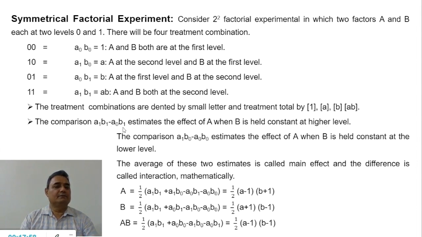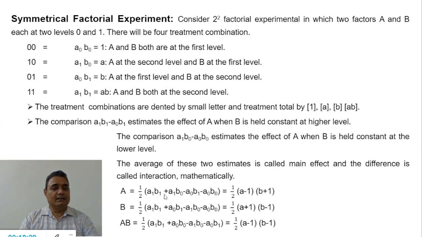The comparison A1 B0 minus A0 B0, now see B0 at lower level, will estimate the effect of A when B is held constant at lower level. If we take the average of these two estimates, it is called the main effect of the factor A, and the difference is called the interaction effect.